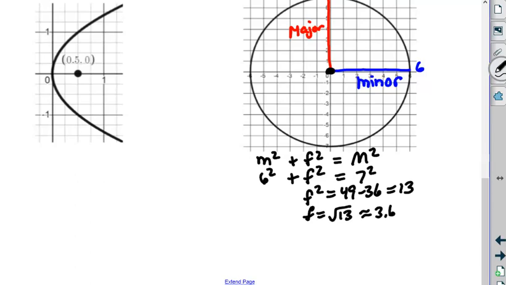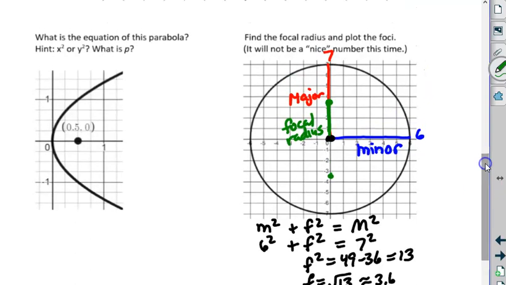So if I go 3.6 units up and down, this is the focal radius. Okay, so the focal radius is this direction, and we could see this point would be at (0, 3.6), and (0, negative 3.6). So let me add this red line back in for the major axis.